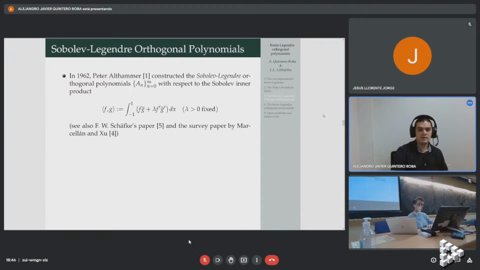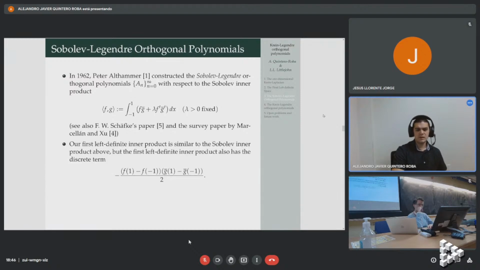Las principales diferencias son, primero, el parámetro lambda: Althammer lo pone en la derivada, nosotros lo tenemos en la función, en la integral de la función, y además el término discreto.